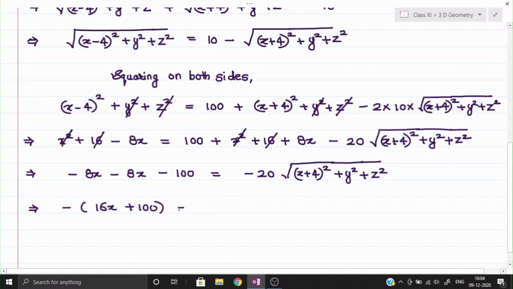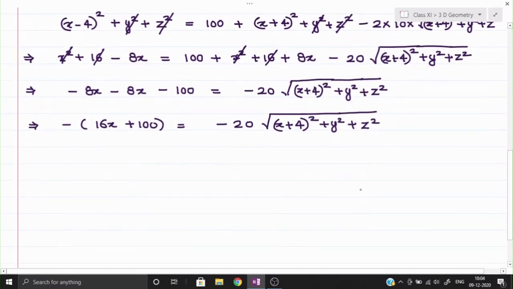Okay, fine, we can take in the next step minus of 20 and then under root of (x plus 4) whole power 2 plus y square plus z square. Okay, now minus sign and minus sign we can cancel it.